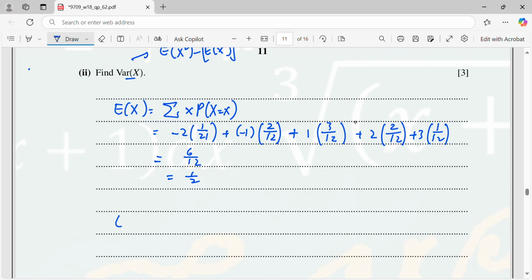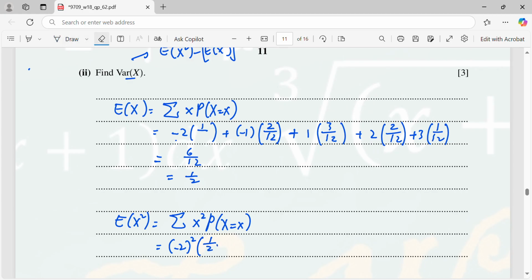Now, I need to calculate E(X squared). So E(X squared) is defined as summation X squared times P. Which means I need to square the X. Remember, the first value is always the X. So minus 2 squared with the same probability. Okay, this is 12, not 21.